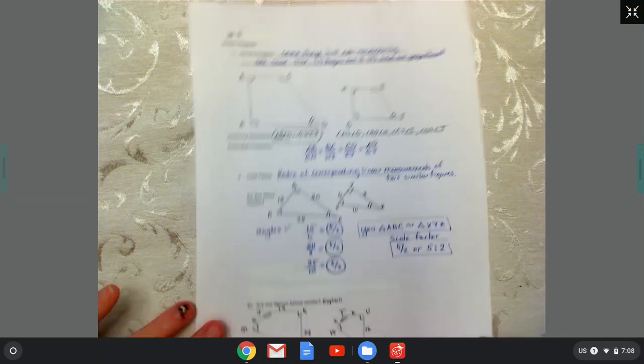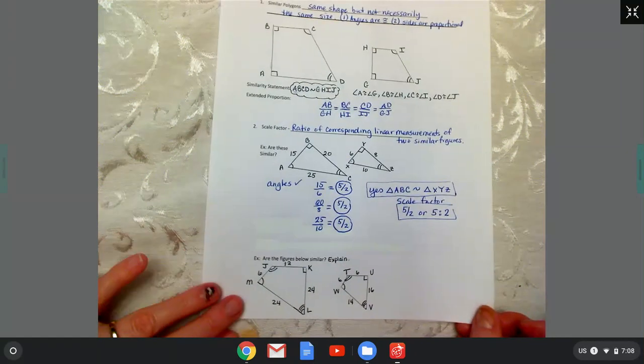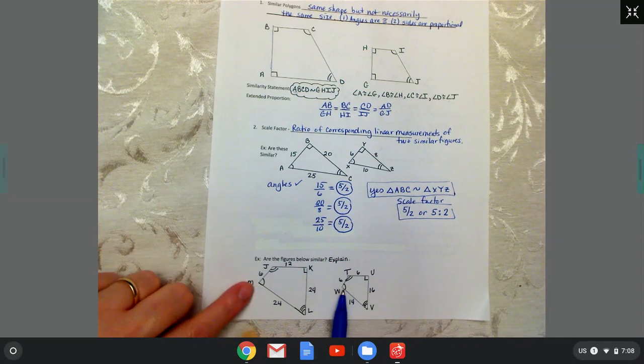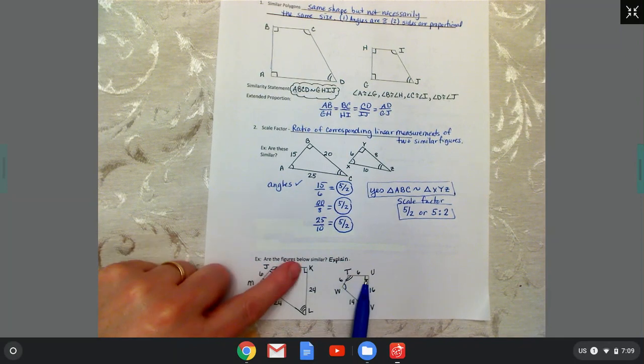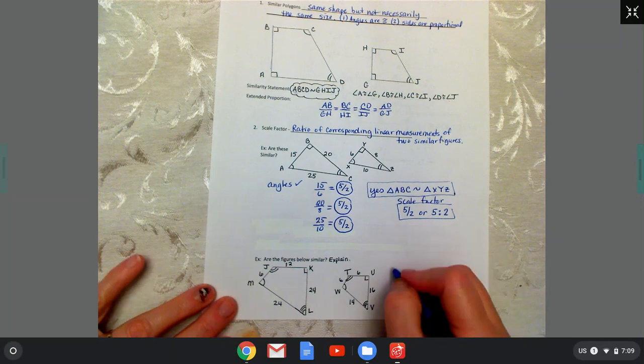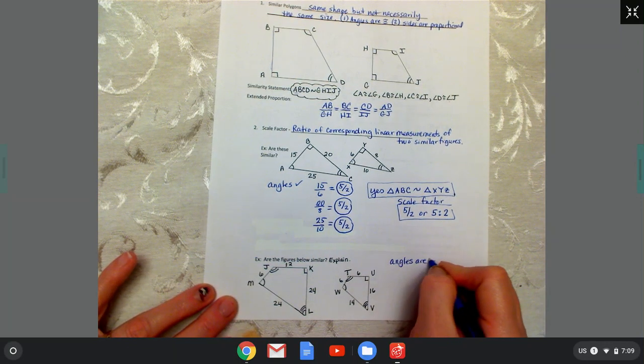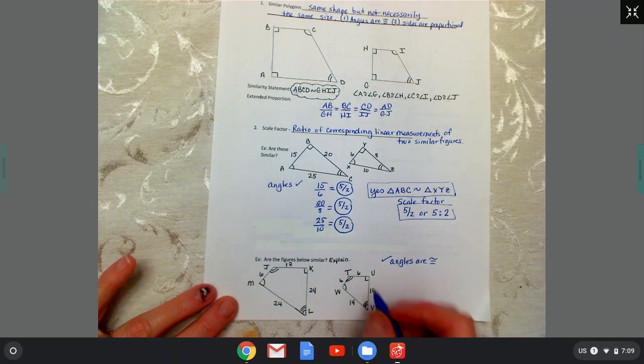All right, so we're moving on to this example. We want to know, are these similar and explain? Okay, let's check the angles. So angles are congruent. Check that. And then we want to know, are the sides proportional?